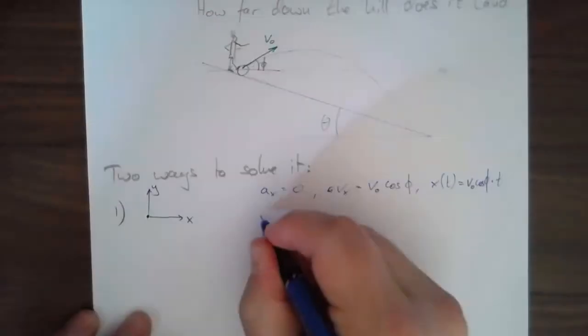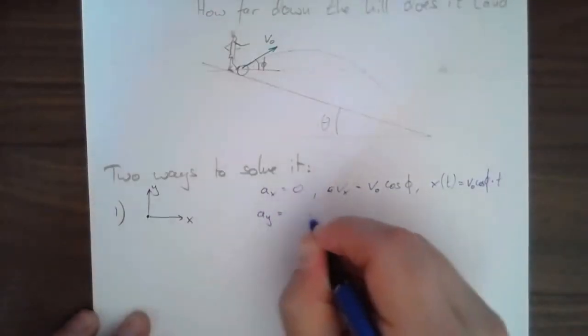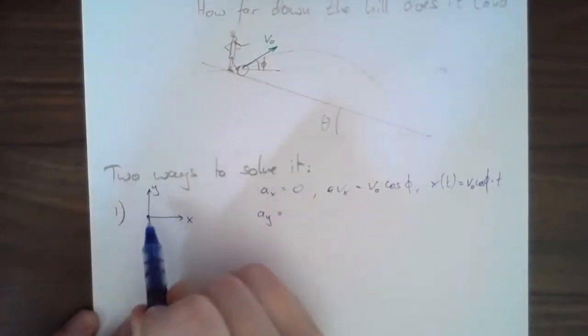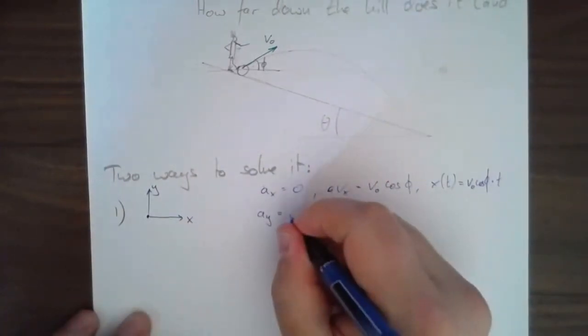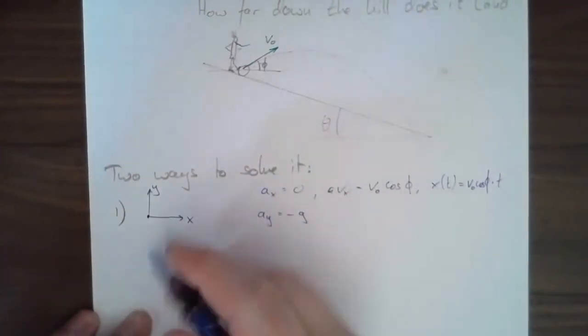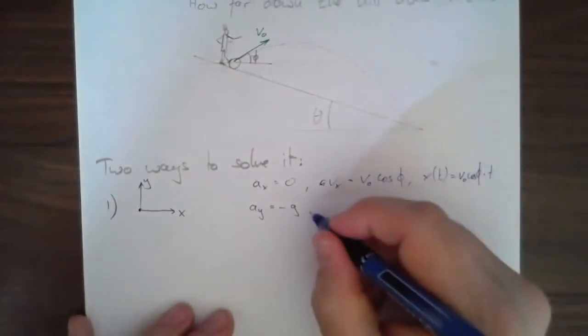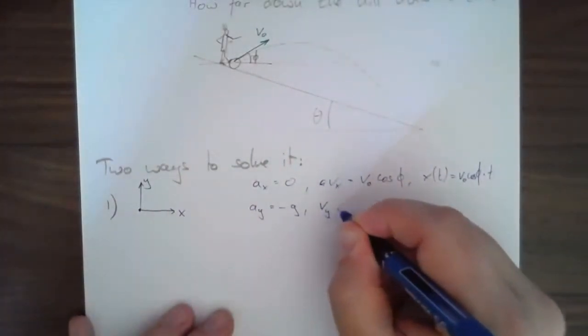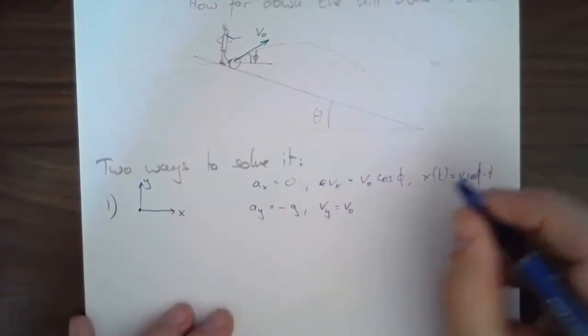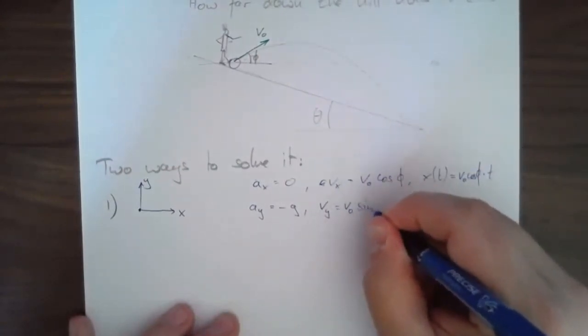In the y direction, the acceleration is, if my axis points up, minus g. If I chose my axis to point down, it would be plus g. It doesn't matter what you pick, you just have to be consistent. My velocity is going to be v naught sine phi, right?